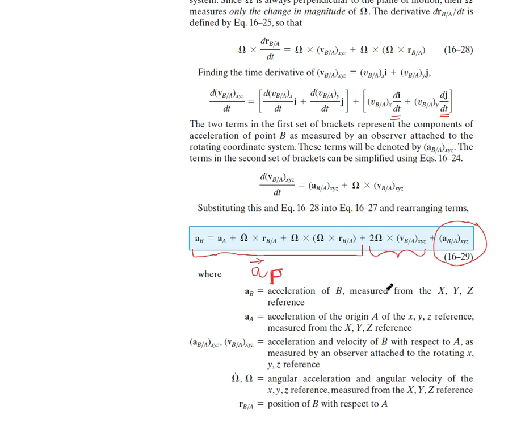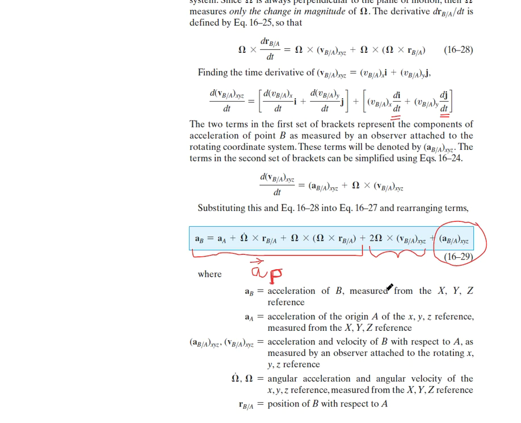So if you're on the North Pole looking south, you're going to see the Earth moving to your right.